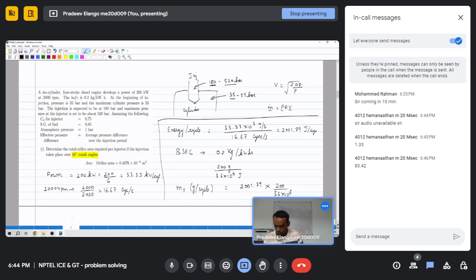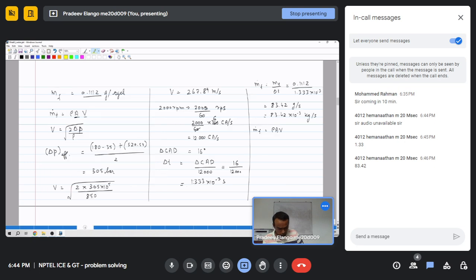Have we been given some orifice coefficient? Yeah, CD for the injector is given. So that is 0.75. That means we should have a CD term here. CD into rho A V. So this is 83.42 into 10 power minus 3 is equal to 0.75, rho in terms of SI units is 850, into A, and velocity is 267.89 meter per second.